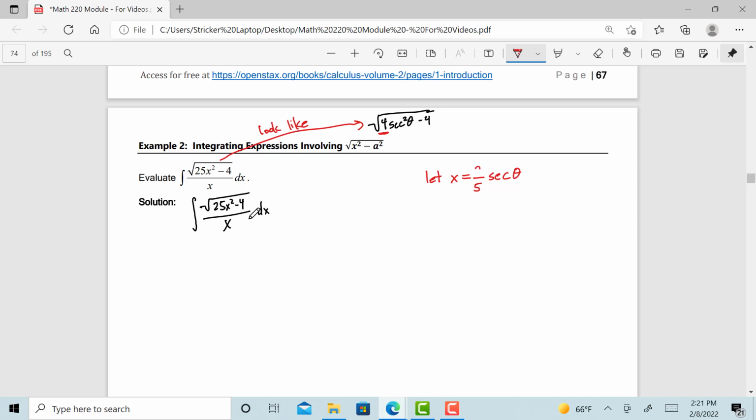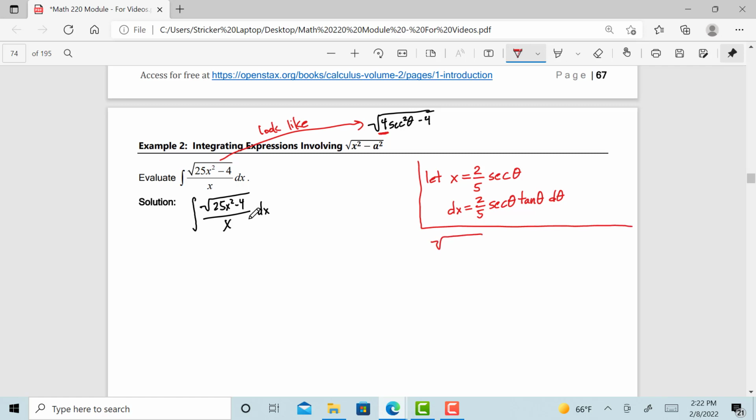Well, that's 2. So my proposal is that we let x be 2/5 times secant theta. And then just like always, we need to find dx. So that's going to be 2/5 times secant theta, tangent theta, d theta. And so that's the first part. Remember, the second part is on the side, we're going to simplify the square root.